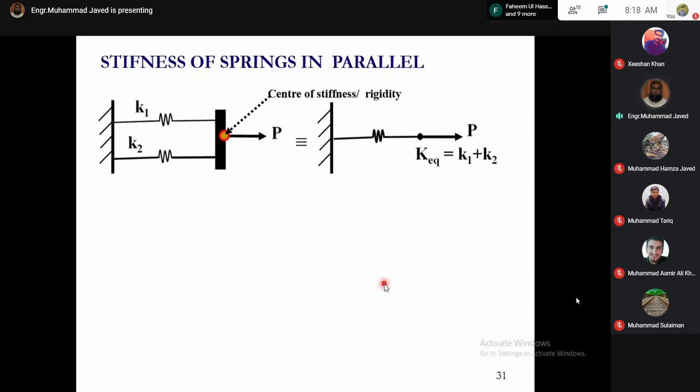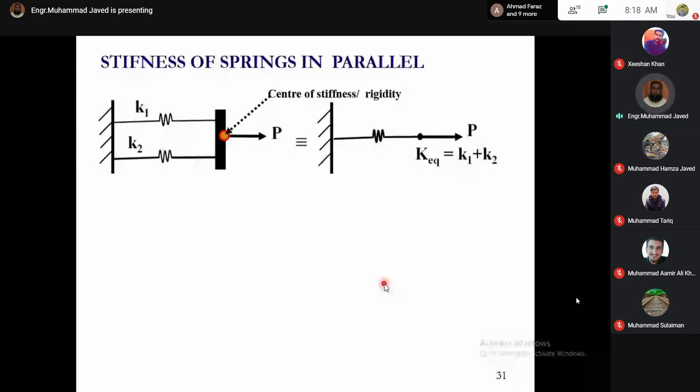Since structural members or even mechanical systems can be considered as composed of springs. For example, if we have a single story, single bay frame, there are two columns.